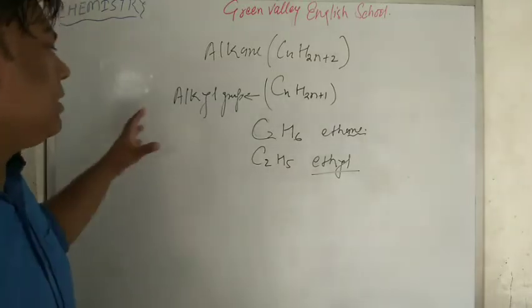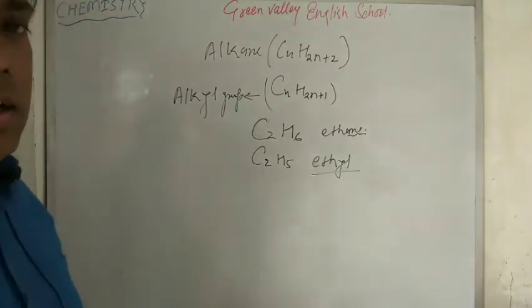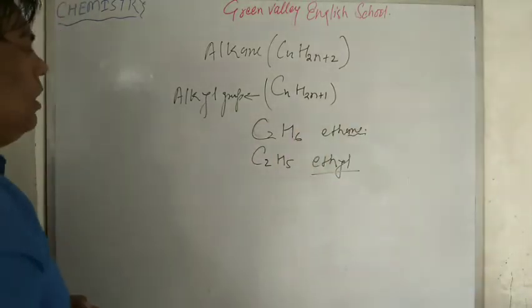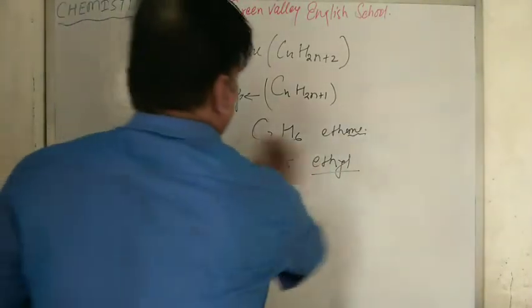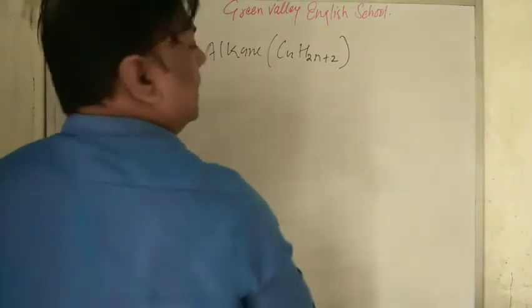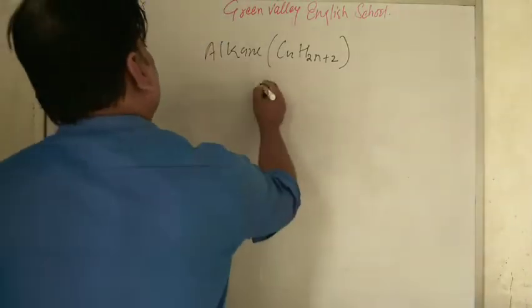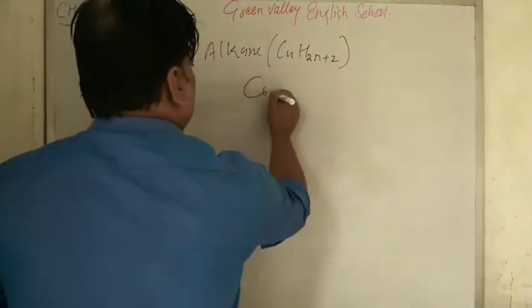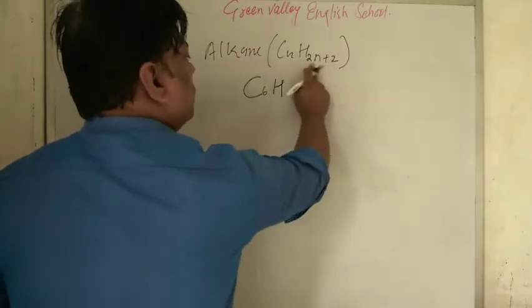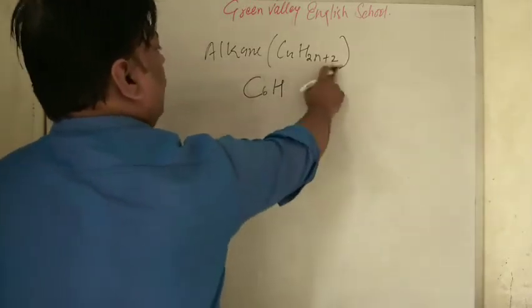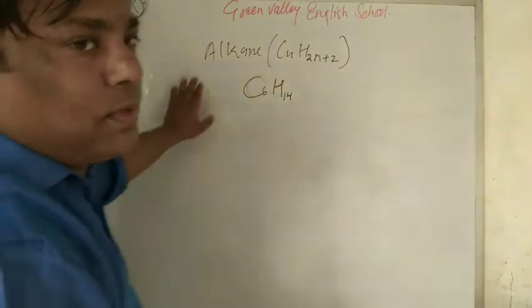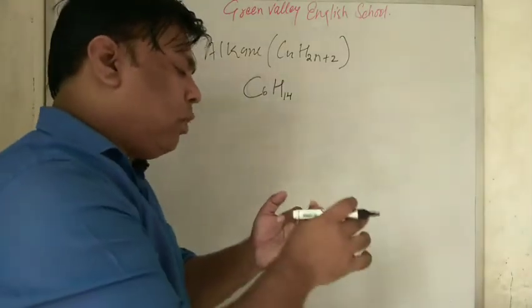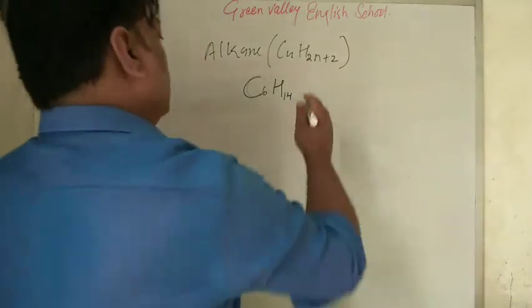How can you name alkyl groups? Now take one example. Suppose that you have CnH2n plus 2 with n equal to 6. 6 times 2 is 12, plus 2, how much? 14. C6H14. What is the name of that compound? Meth, eth, prop, but, pent, hex.